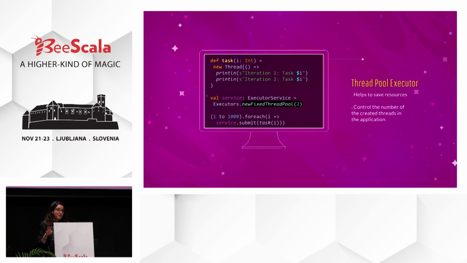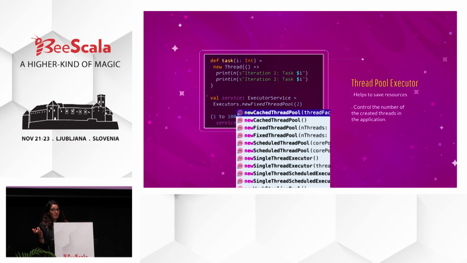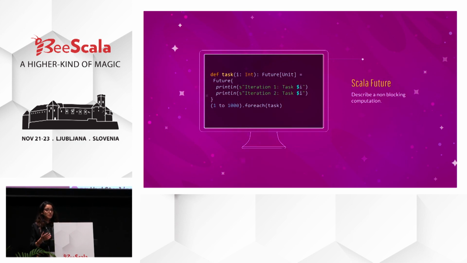So even if you have thousands of tasks, they will be submitted, but they will be executed by only 2 threads. This will save resources and you will benefit from concurrency. And there are different ways to choose your thread pool type.